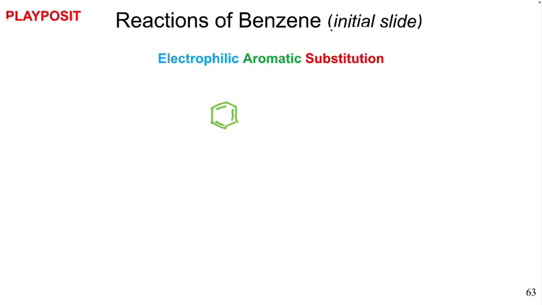There's no polarity, so the only thing we've got there are p orbital electrons. What would those p orbital electrons likely do? Donate to something positive. The aromatic ring has 6 p orbital electrons.